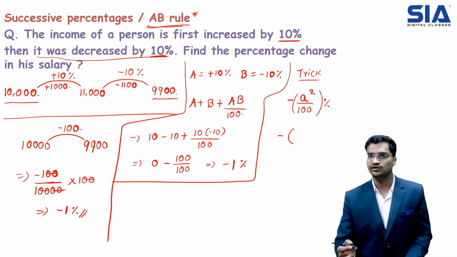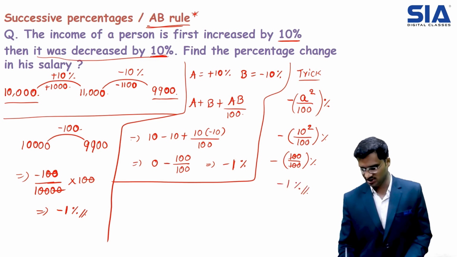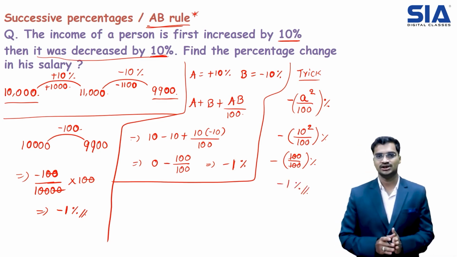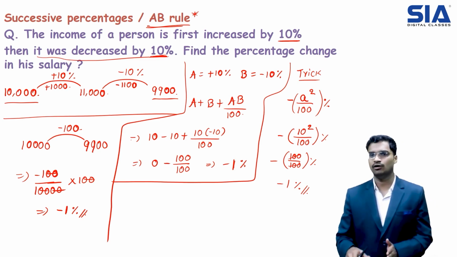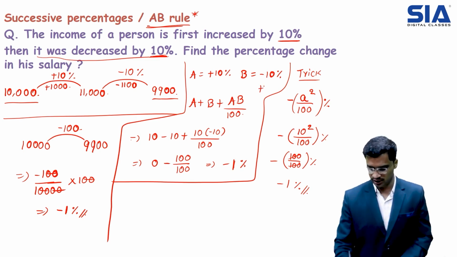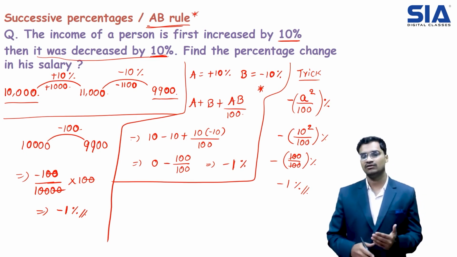The A value here is 10. So minus 10 square is 100, 100 by 100 is 1. So there is a negative 1% decrease. So you can solve this in the basic method, the AB rule method, and also this tricky way. But I suggest you should learn this particular AB method because it helps in our further questions.